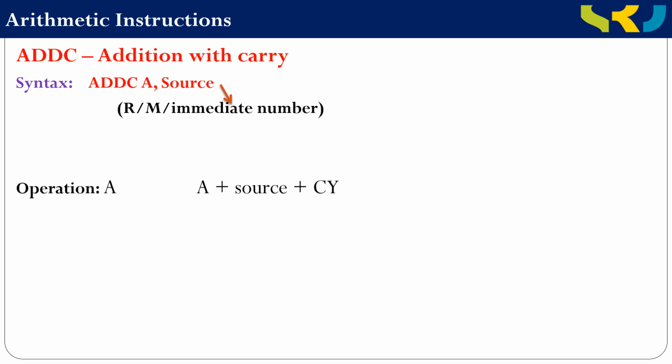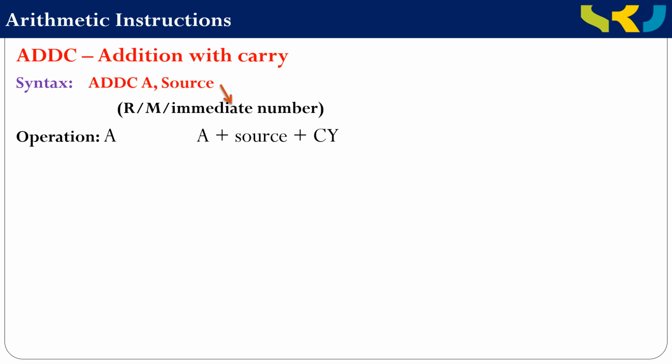The operation is also the same, except when you are using addition with carry, the previous carry is also added to the sum, and the result is saved in the accumulator and the carry flag. So here also we are getting a 9-bit result. The 9-bit result is stored in the carry flag bit as well as the accumulator.